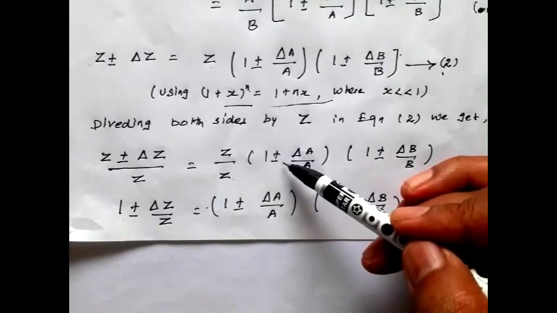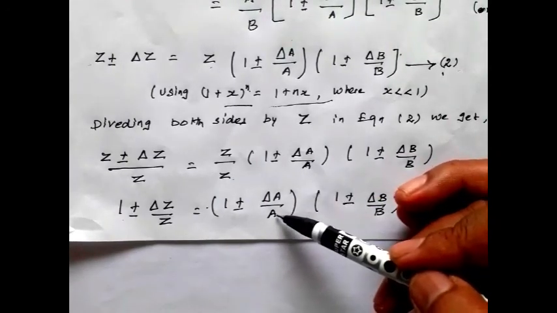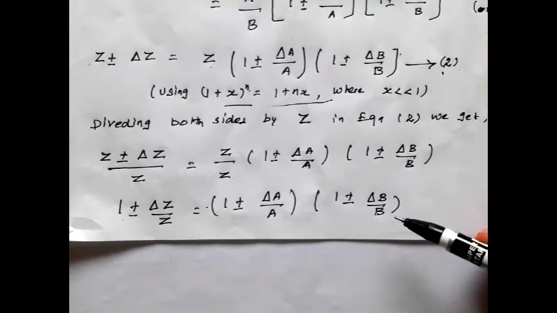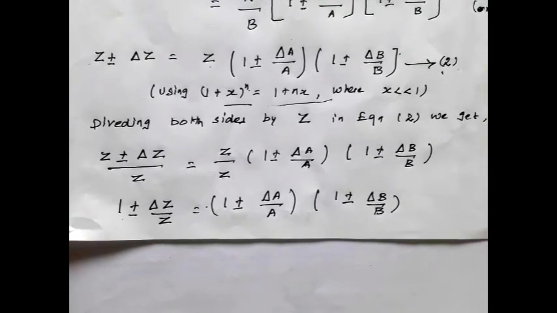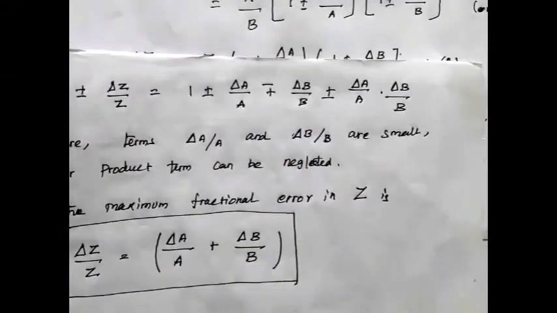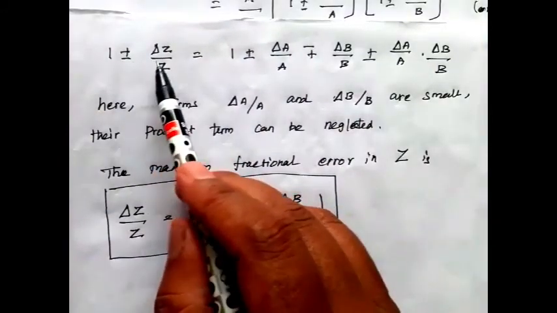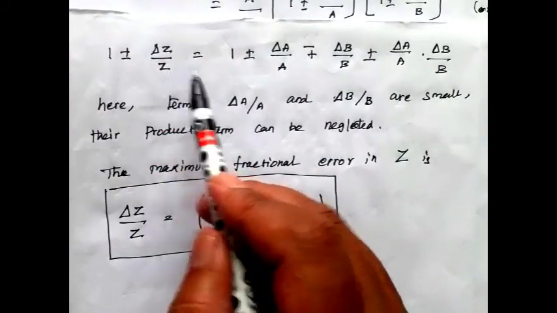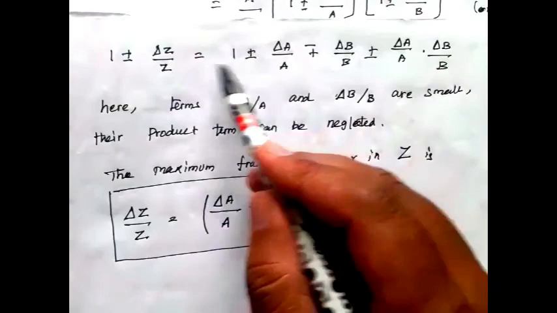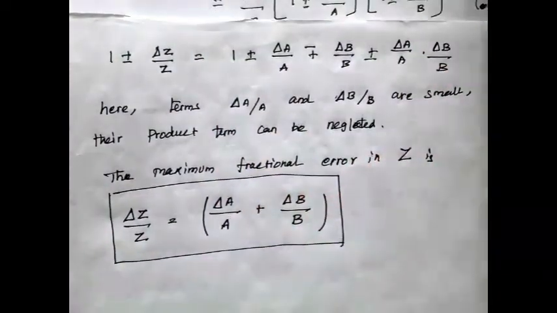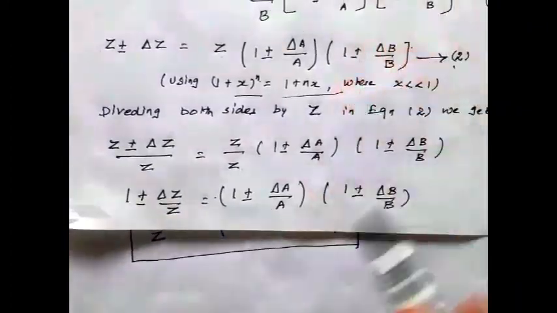Again 1 plus or minus del a by a into 1 plus or minus del b by b. Okay, see the final answer of this expression. 1 plus or minus del z by z is equal to, again see the expression, just you multiply.